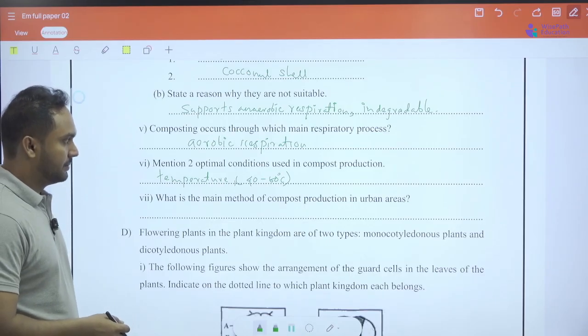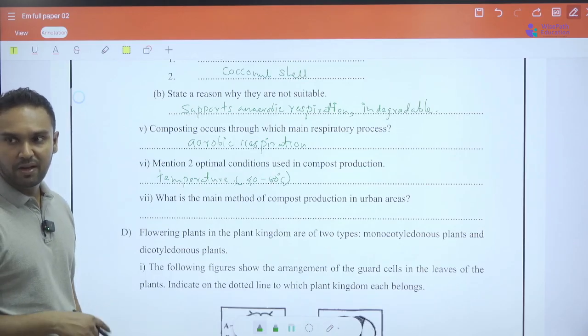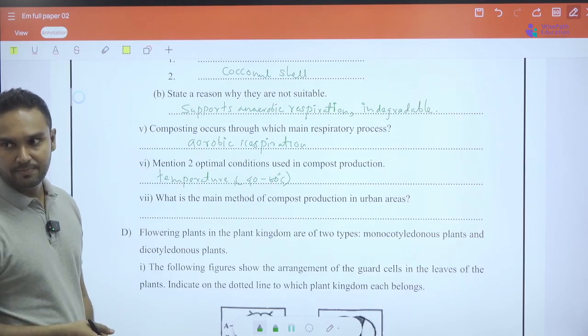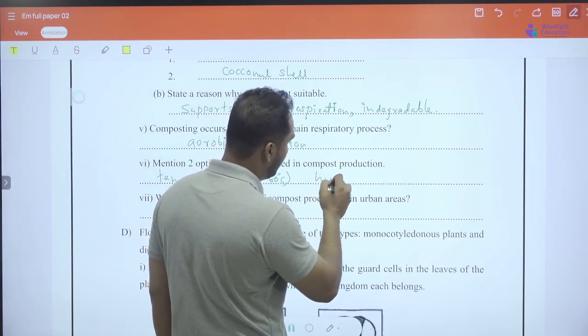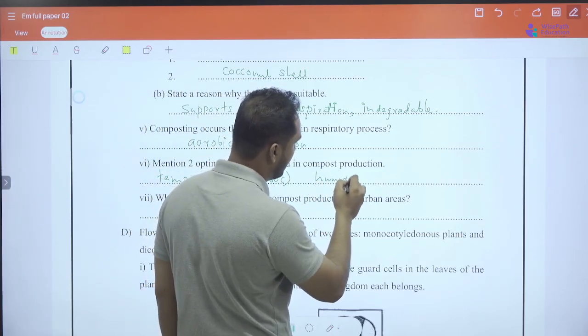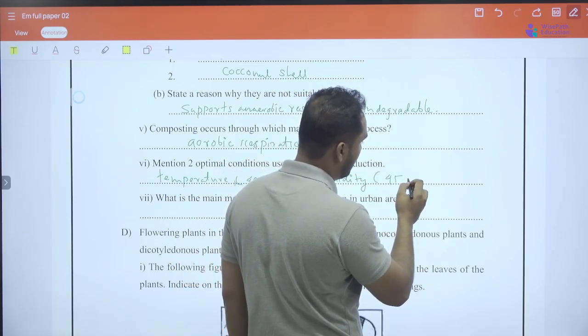And humidity was also close, that I remember. That was 45 to 60 humidity. Humidity was 45 to 60.